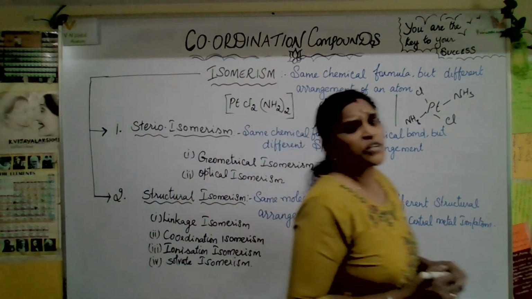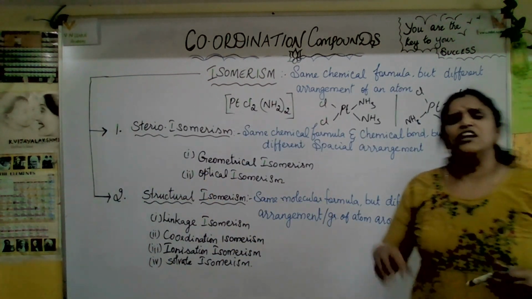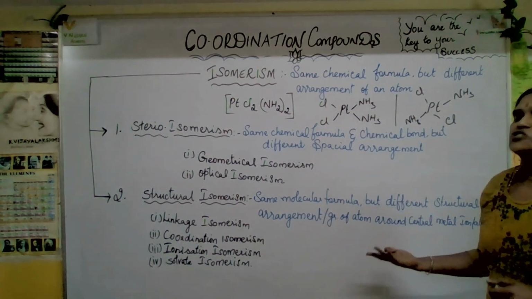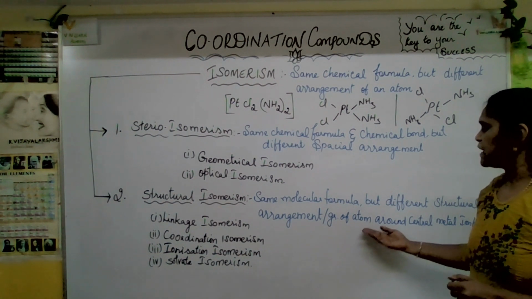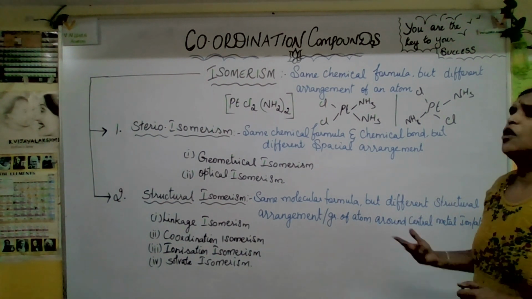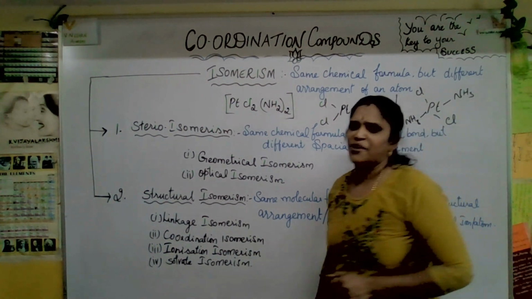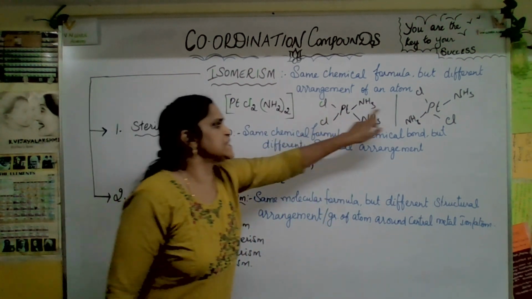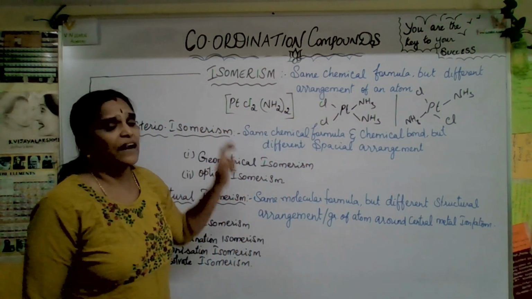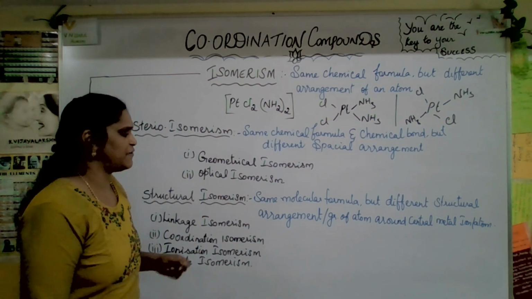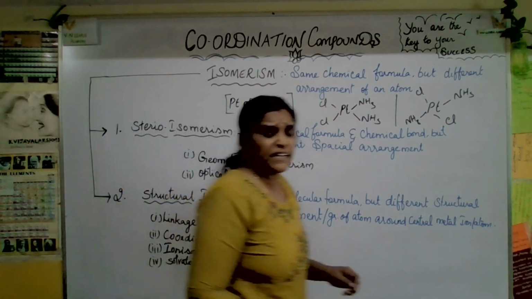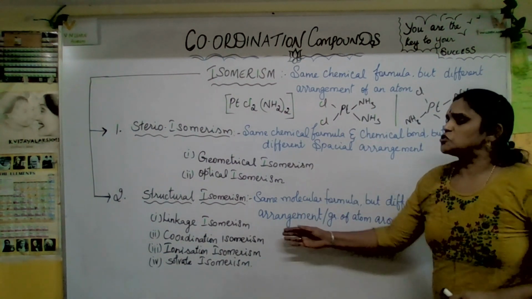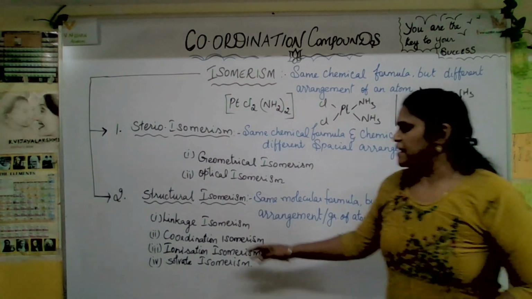Whereas structural isomerism is where, with the same molecular formula, there is a different structural arrangement of atoms or groups around the central metal ion. Here we always mention the central metal ion; see, this is the central metal ion with ligands around it. In that way we can identify. Now, what are the types of structural isomerism?